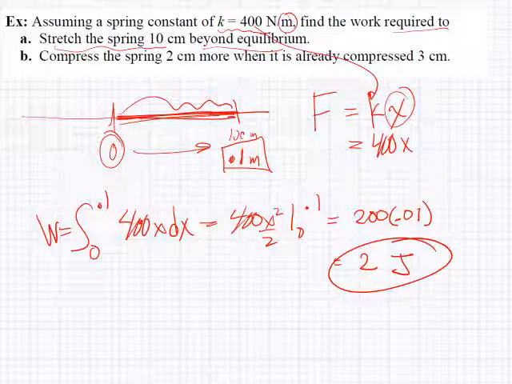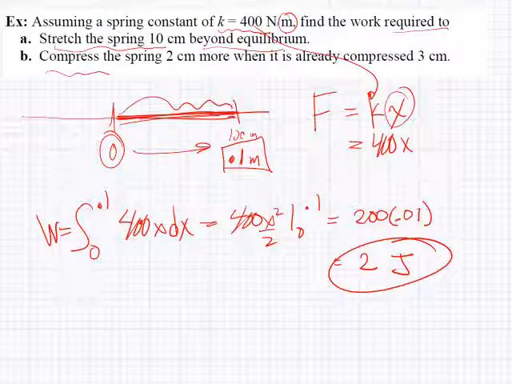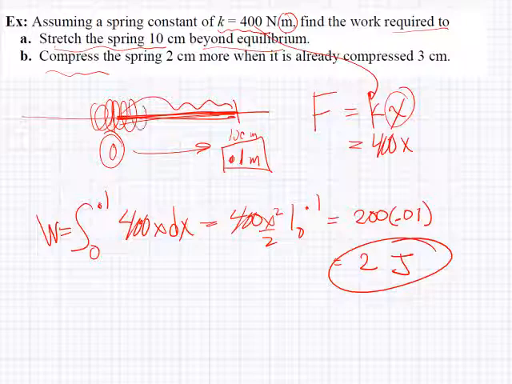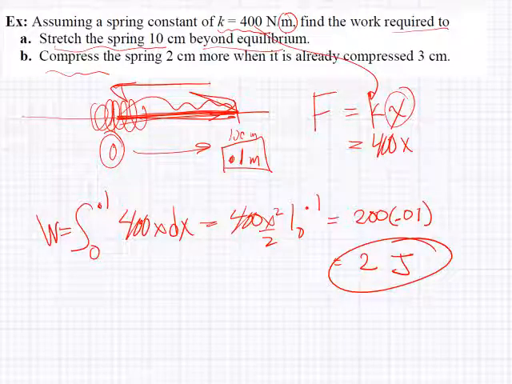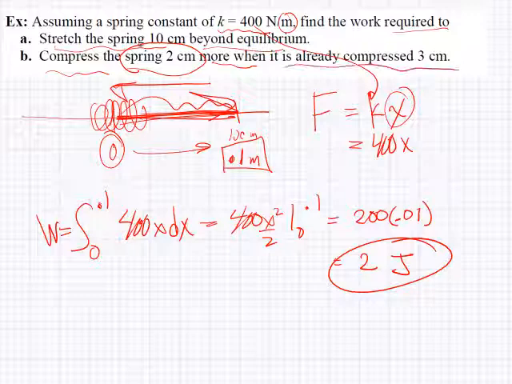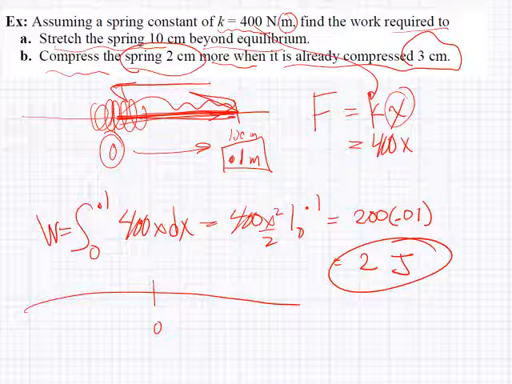All right, so now what we want to do is look at this other one. This one says we want to compress the spring. So you have the spring sitting here in equilibrium, right? Instead of stretching it out, we want to push it in. Now, it's compressed 2 centimeters more when it was already compressed to 3 centimeters. So if you think about that, here's equilibrium. It was already compressed to 3 centimeters. In terms of meters, 0.03. Remember, I want to convert everything to meters.